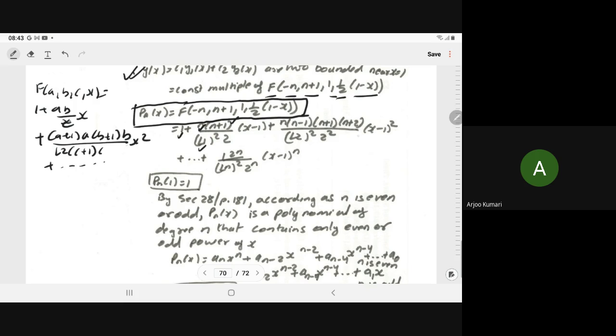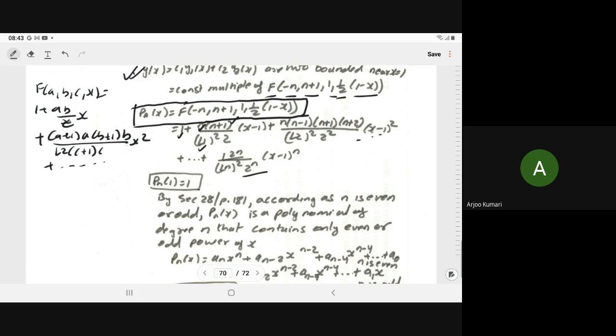So here we have the series. If you see the nth term, you will get (2n)!/((n!)^2 2^n) times (x - 1)^n.